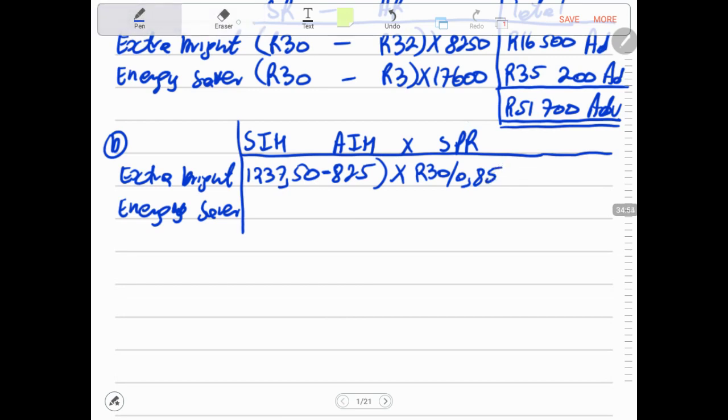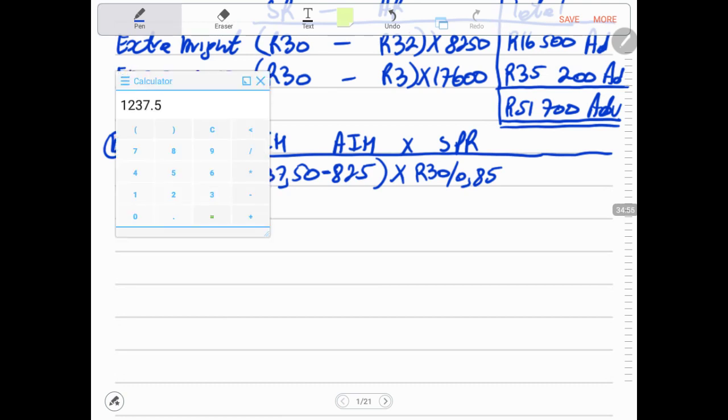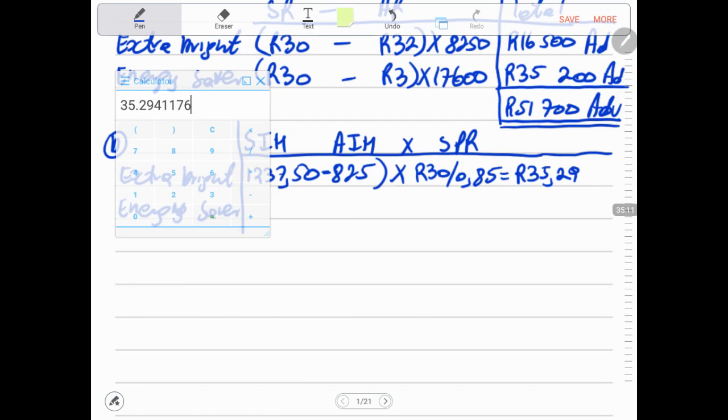So we need to determine our productive labor rate per hour. 30 divided by 0.85 gives us 35.29. So the rate that we multiply with is 35.29, the productive rate.